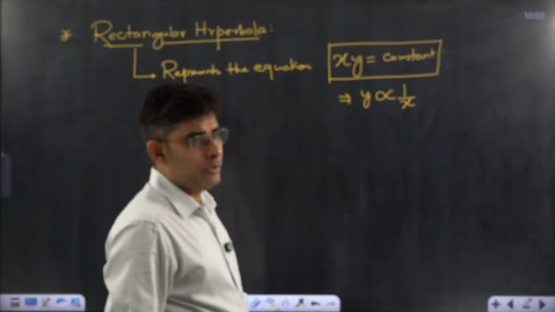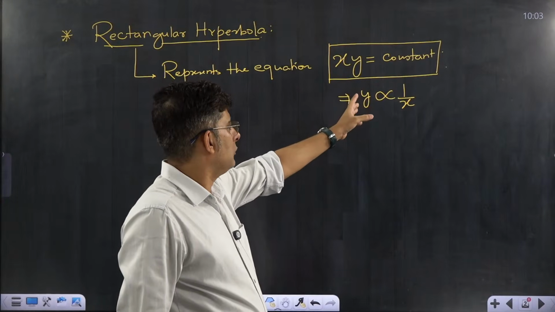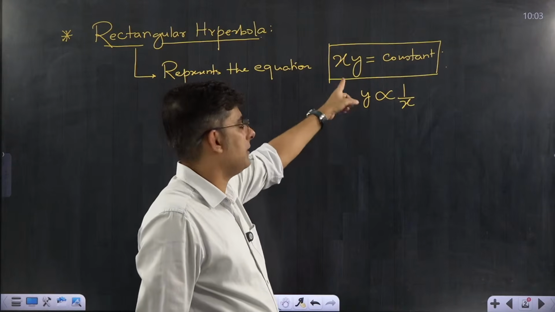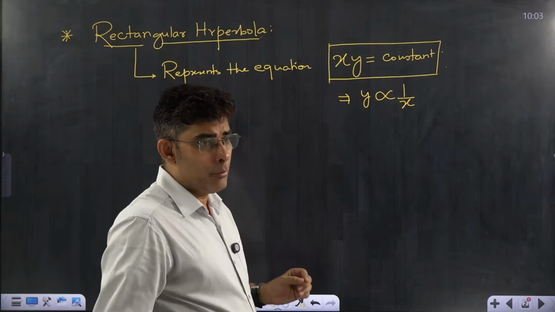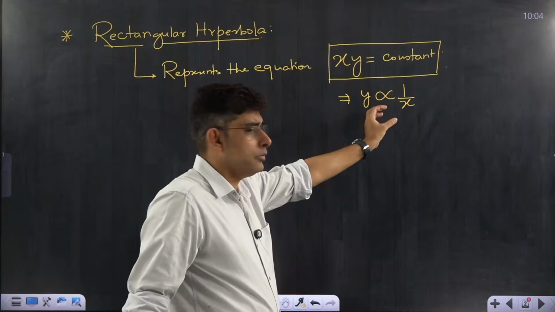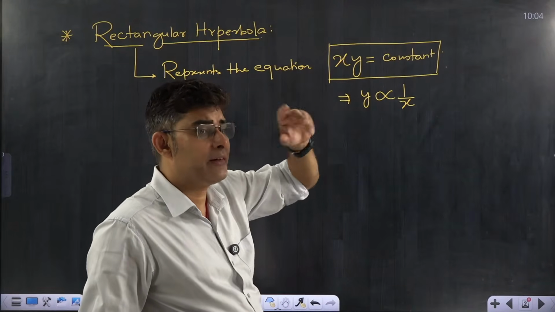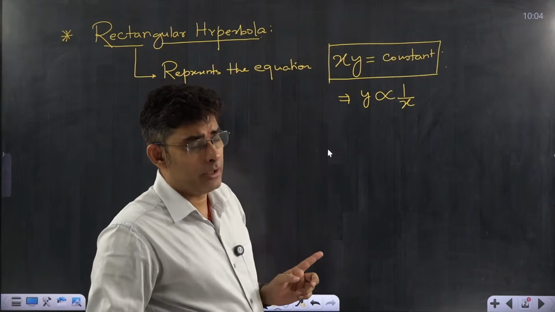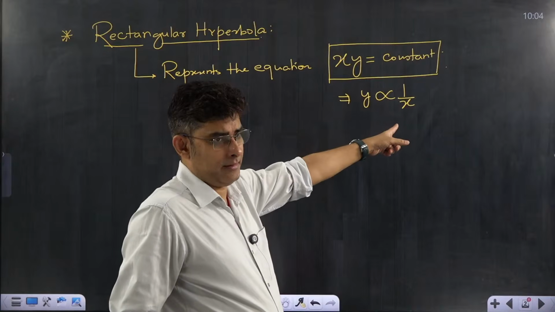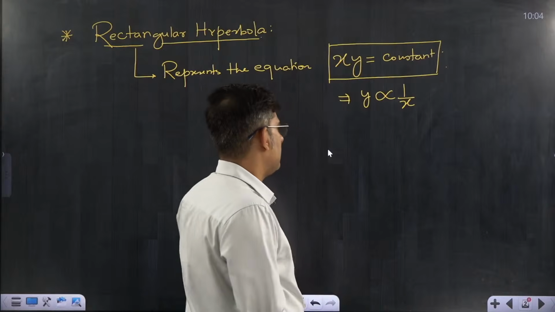So when we have two variables out of which one is inversely proportional to x, we say it is a rectangular hyperbola. Now mind it, if any other form comes, like y is proportional to 1 by x square or x cube, they are not rectangular hyperbolas. Solely y should be proportional to 1 by x. No power of x should be present over here. And what does this mean?